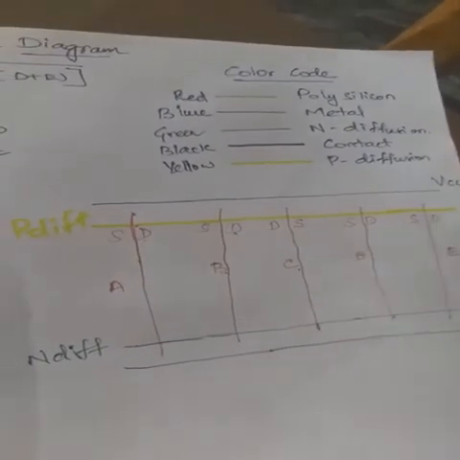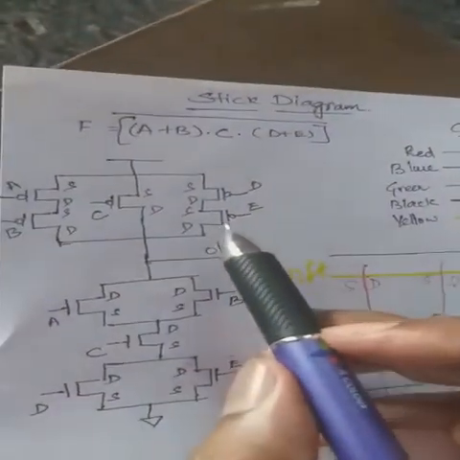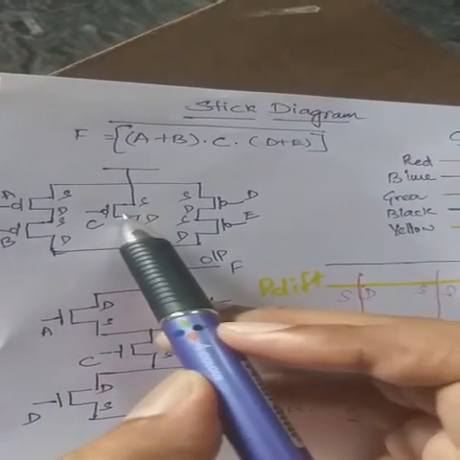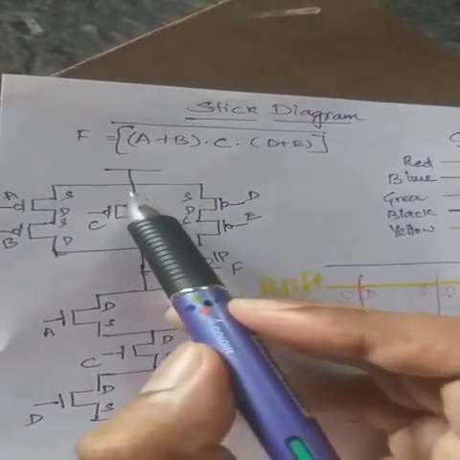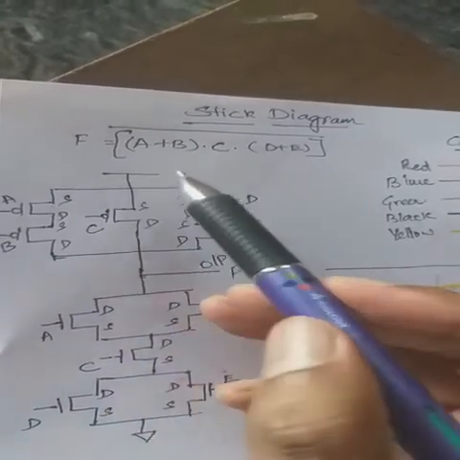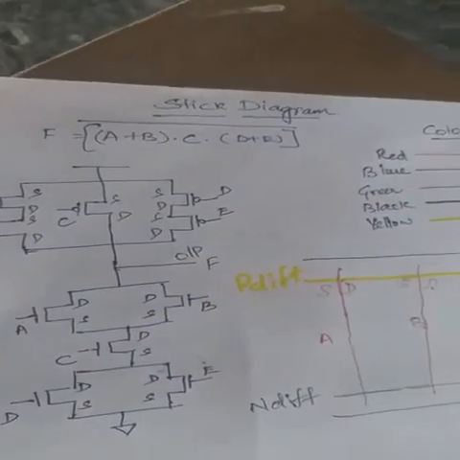Next we can move ahead with the connections. From this you can see the source of A, C and D are connected together, and in turn they are connected to the supply terminal. For this connection we have to use a metal line, that is the blue color line.